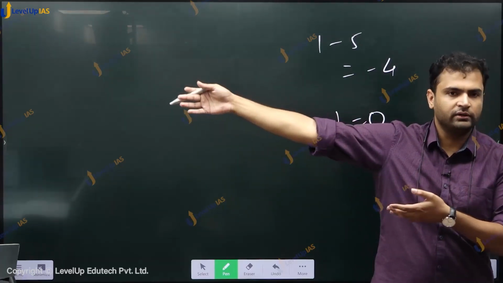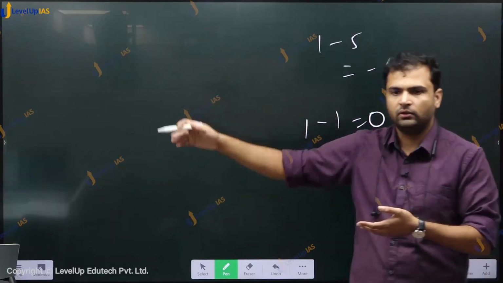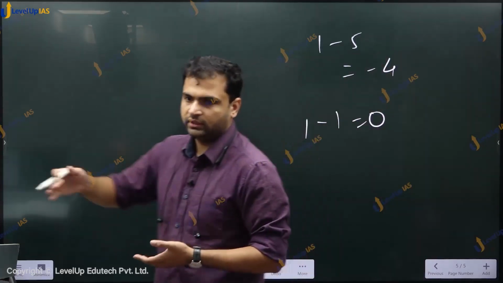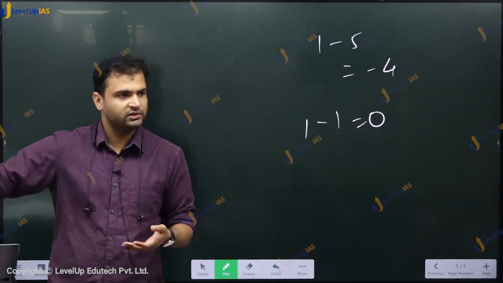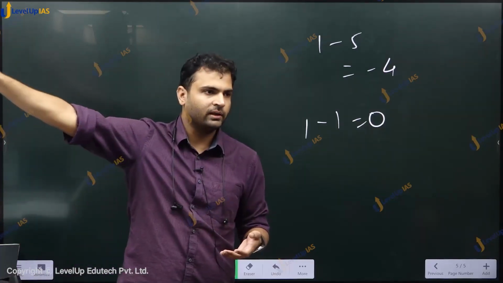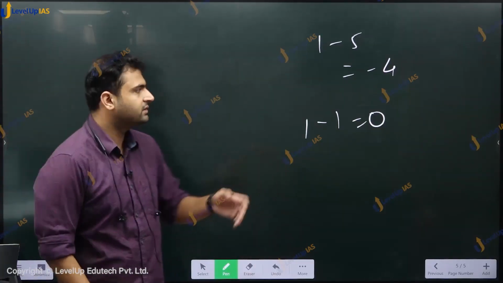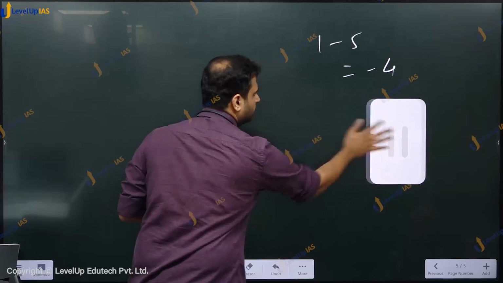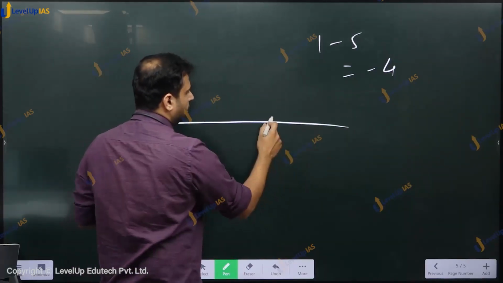All integers are covered, all negative numbers are there, all negative distinct quantities like minus 3 भी है, minus 99 भी है, minus 29,000 सब है. All are integers. So integer minus integer will be an integer. We have this number line.